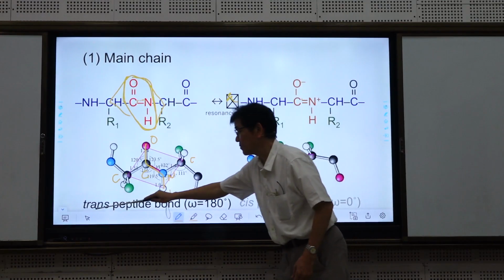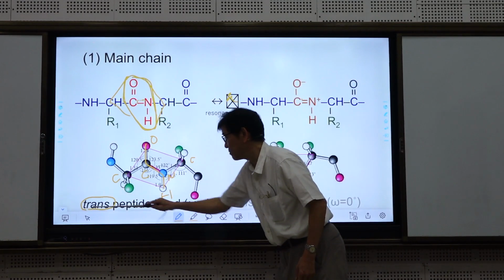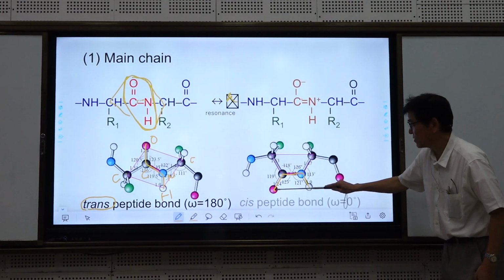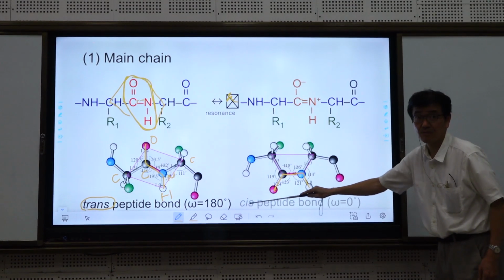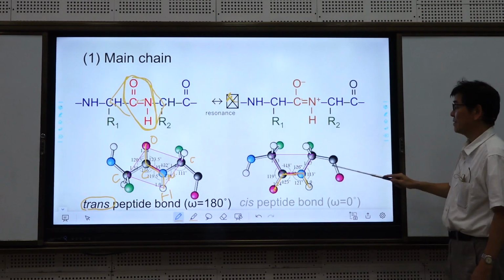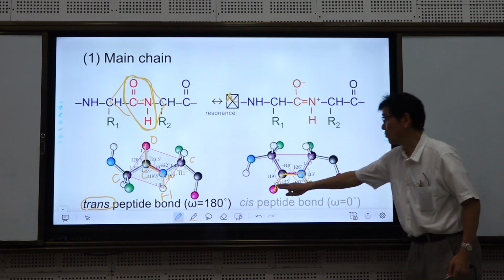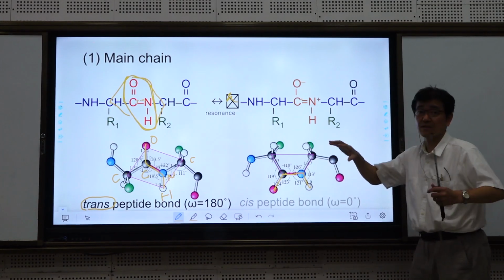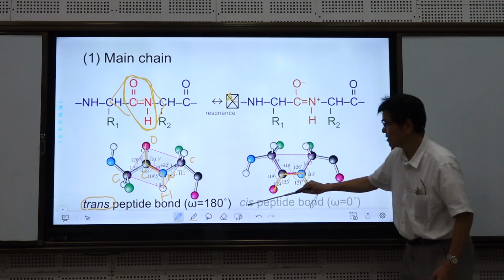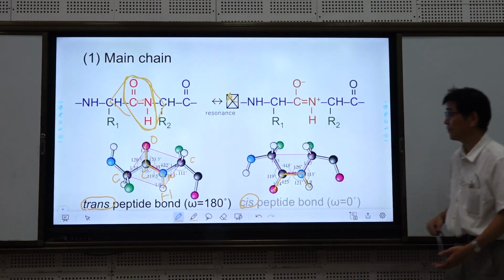O, C, and H is the transposition. So this is called transpeptide bond. This is the cis position. Cis means the same side. O and H are allocated at the same side of the N-C bond. So this is cis peptide bond.